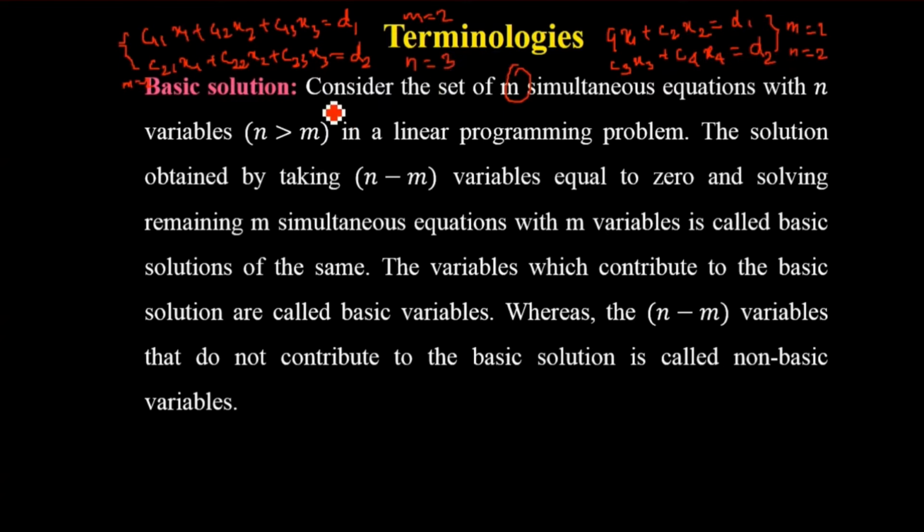So in this case what happens? Consider the set of m simultaneous equations with n variables. That means n greater than m. When this type of situation is there in the linear programming problem, then the solution obtained by taking n minus m variables equal to 0, and solving the remaining m simultaneous equations with m variables, is called a basic solution of the same.